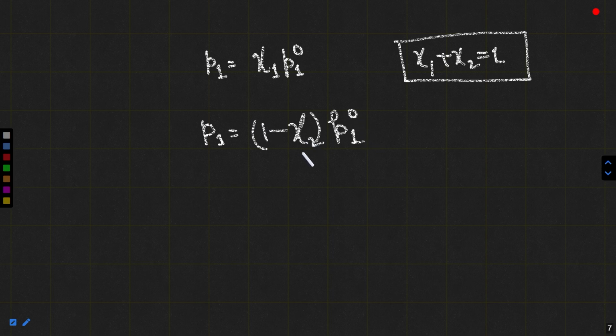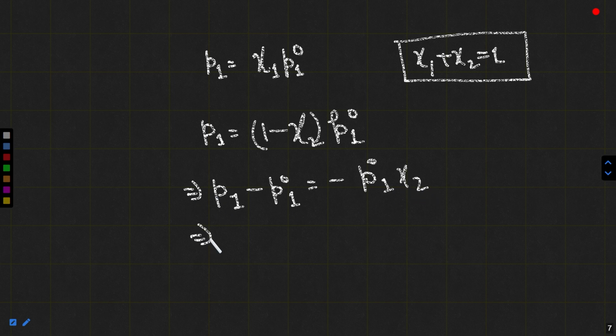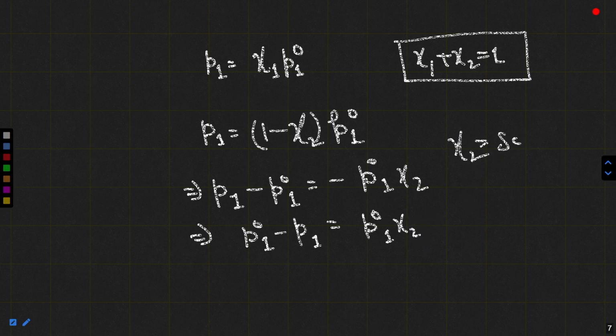Further, if you bring this thing on the left side, you will get P naught 1 minus P1 equals P naught 1 chi 2, after multiplying with a negative sign on both sides. Again, remember this chi 2 is for the solute and chi 1 is for the solvent.